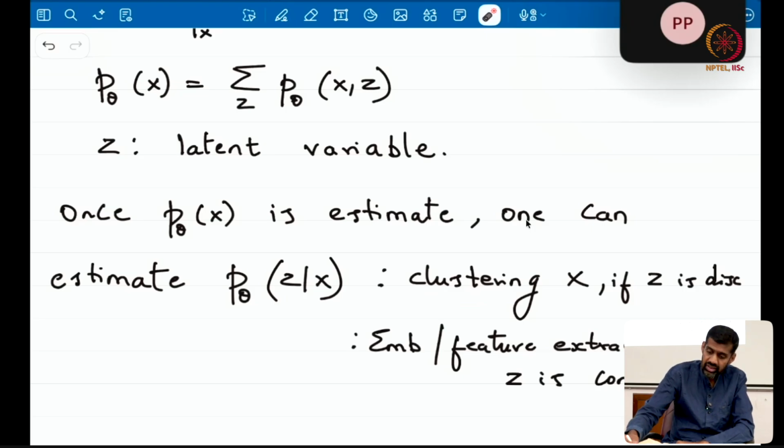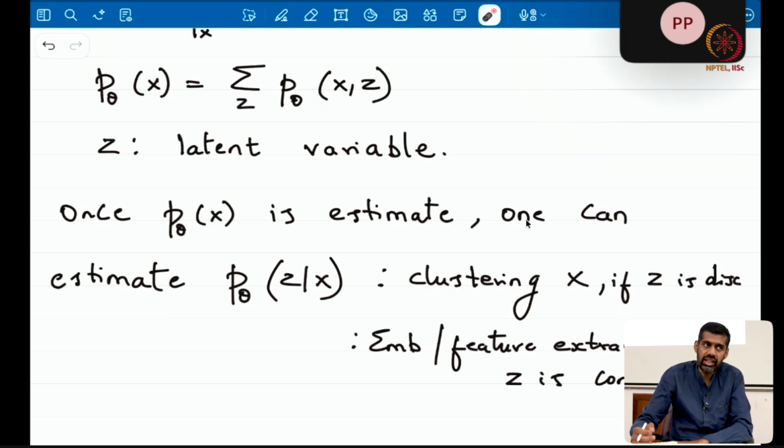I told you in the last class why you can look into this as clustering. Suppose z is discrete and you are looking at a k-valued discrete random variable, then P of z given x will tell you whether this x belongs to one of those k possibilities of z. That is grouping of data, which is also called clustering.